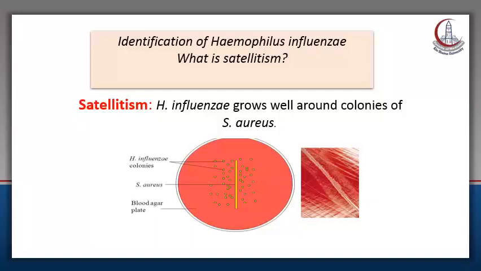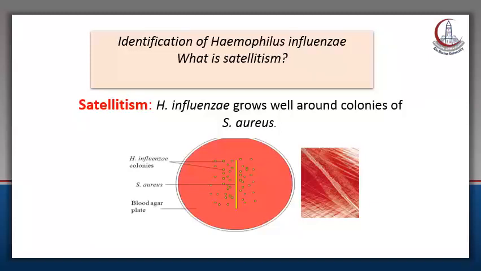The name comes from satellites. As satellites orbit around the planet Earth, Haemophilus influenzae grows better around Staphylococcus aureus colonies, because Staph aureus produces products important for the growth of Haemophilus influenzae.